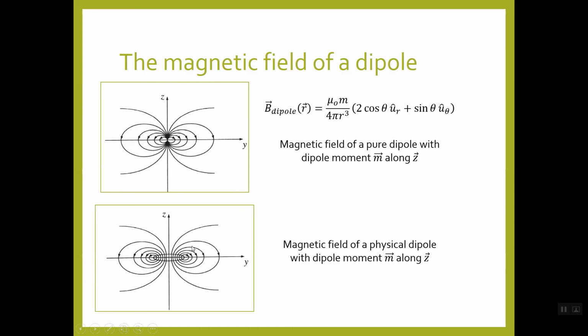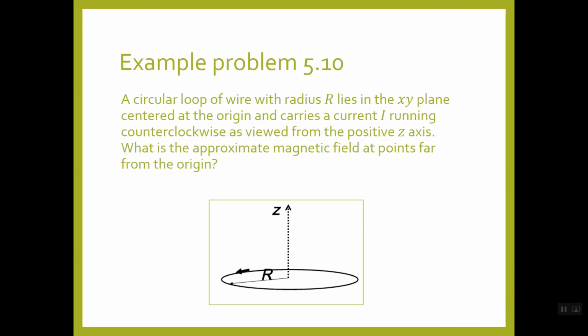And this is what it would look like for a physical dipole: the magnetic field of a physical dipole with dipole moment m still pointing along z. And the magnetic field of a pure dipole, again with the dipole moment along the z-axis. So you'll do this problem, and that is it for these lecture slides.